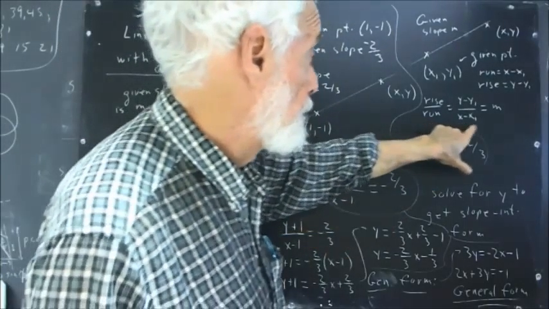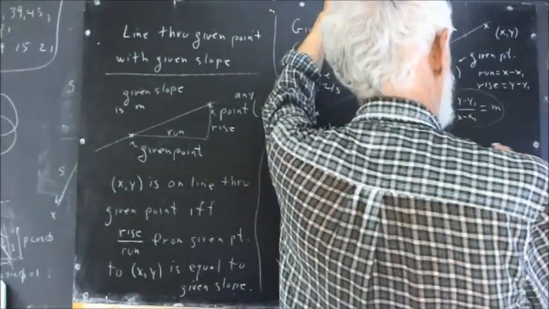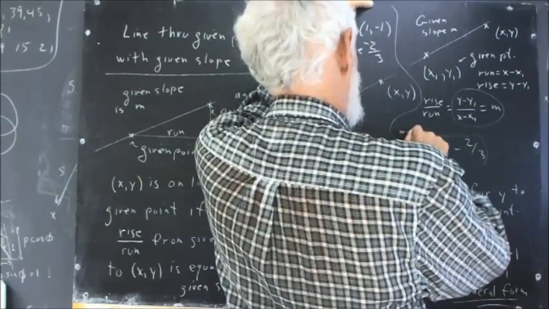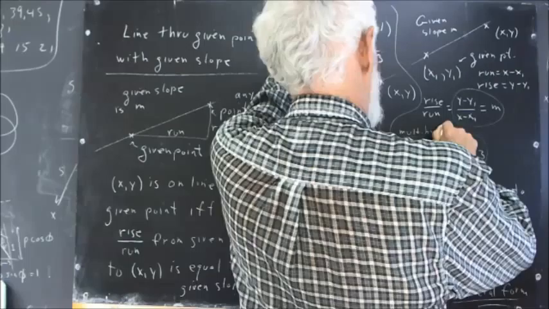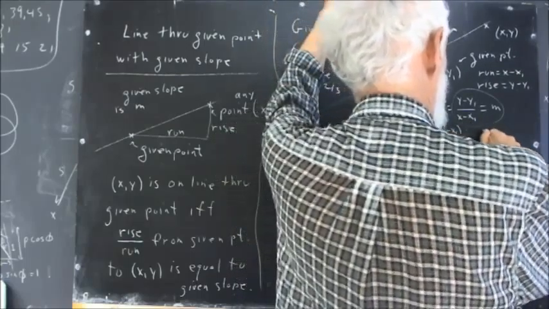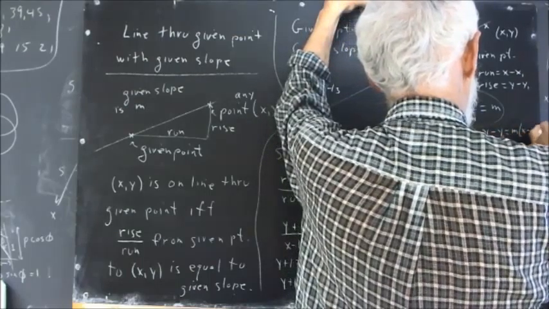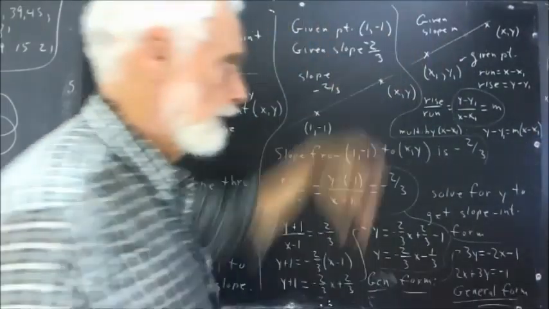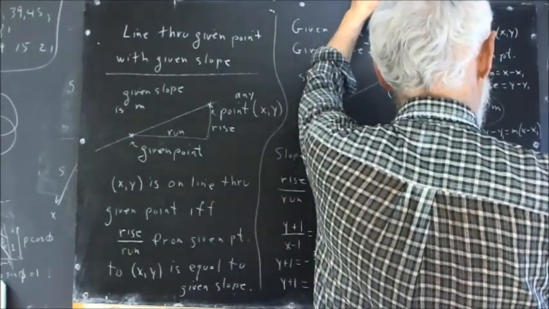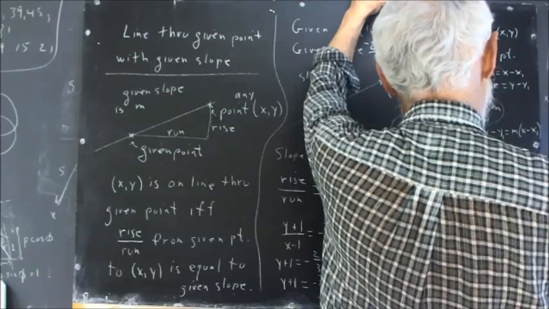And then we just multiply through by x minus x1, and what we get is y minus y1 equals m times x minus x1. And this is called the famous point-slope form.